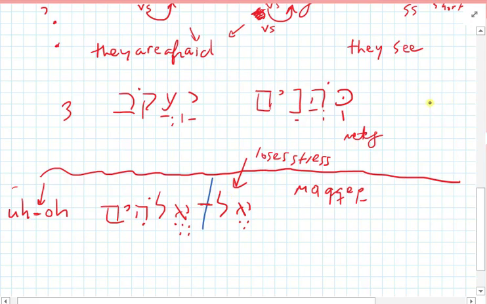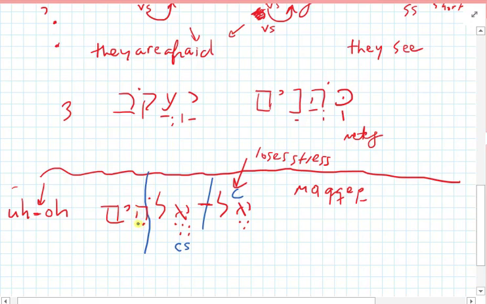Always divide the words that the makaf joins. Okay? And that means that el is open or closed. Which is it? It's closed. Good. And notice I have a compound shava, so am I going to divide to the left of it? No. I always divide to the right of it, and I've already got a dividing line. I go to the next consonant with its full vowel, and I will divide there, right?